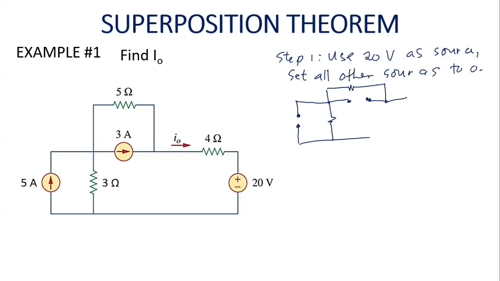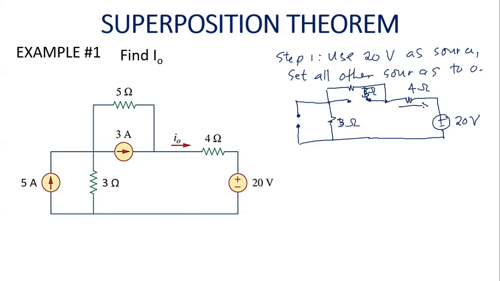And this is now the 4 amperes and the source, 20 volts. This is 4 ohms, 3 ohms, the 5 ohms, and the 3 ohms resistor.